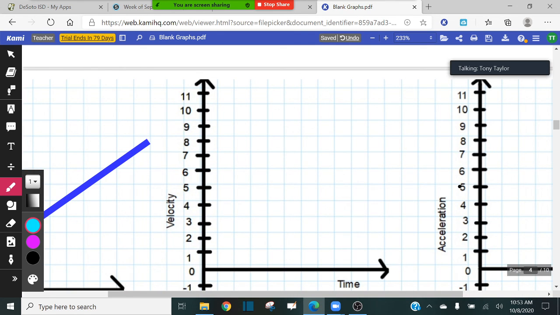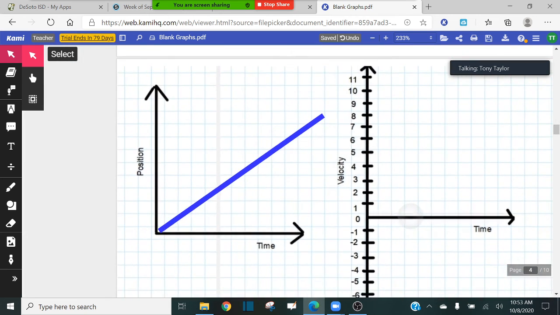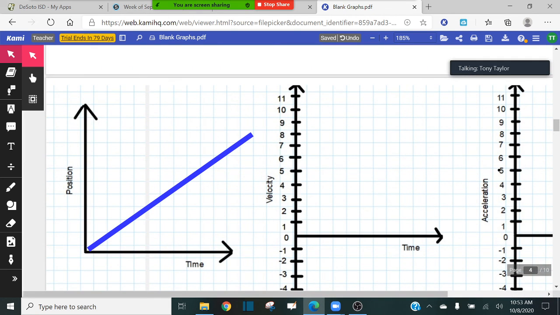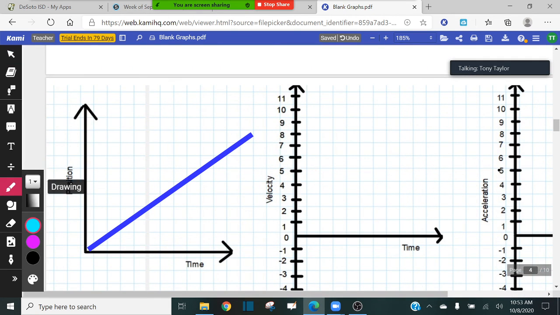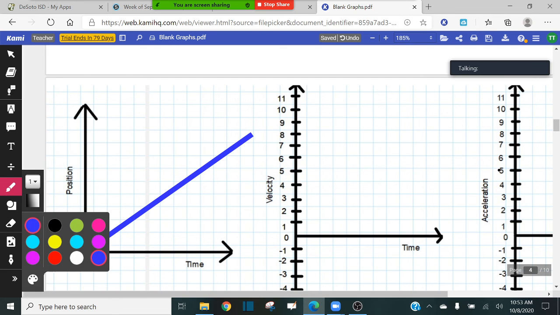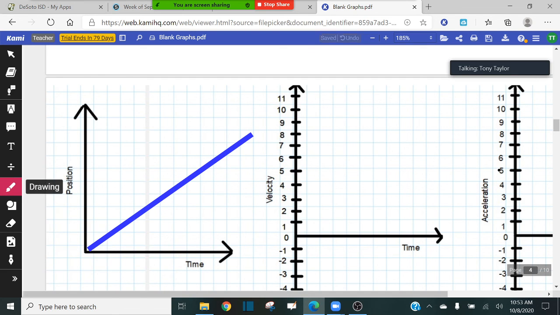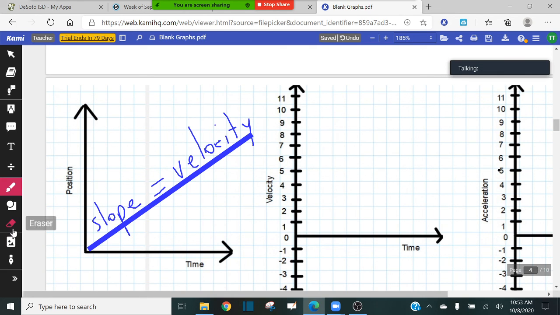I'm going to write that down because that's pretty important. Slope is equal to the object's velocity. That is always the case.